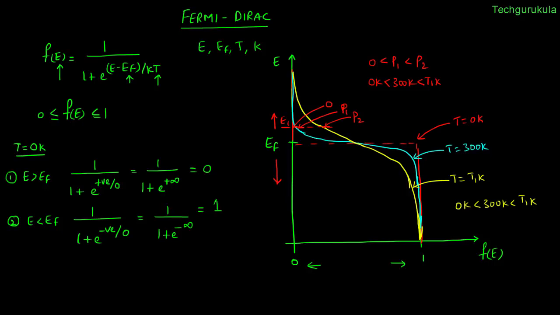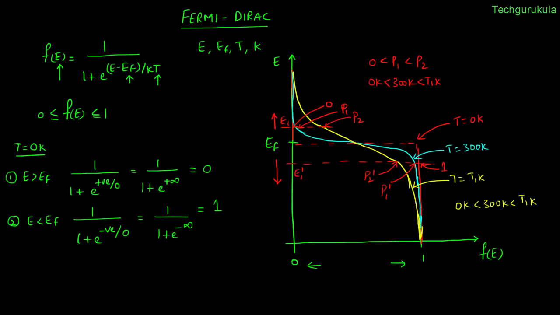We see that for this energy level, the probability of finding an electron increases as temperature increases. Similarly, if we take another energy level somewhere below the Fermi energy level, let me call this E1 prime. In this case, the probability of finding an electron at T equals 0 Kelvin for this energy level is 1. At 300 Kelvin, let's say it is P1 prime, and for the third graph, P2 prime.